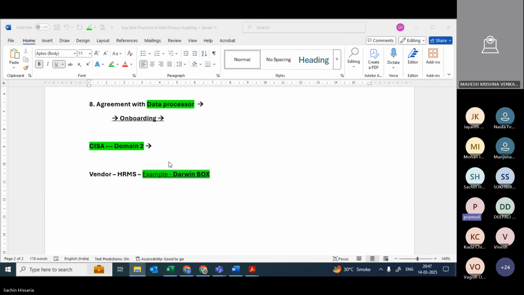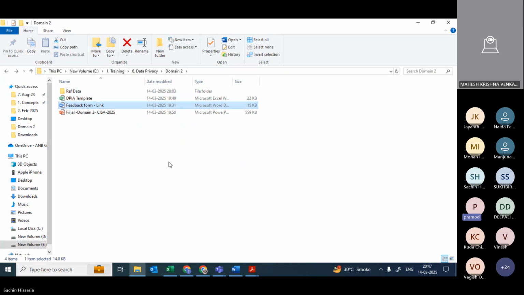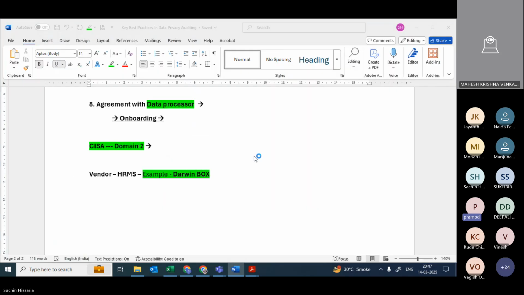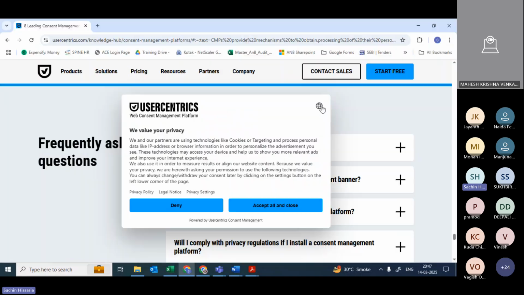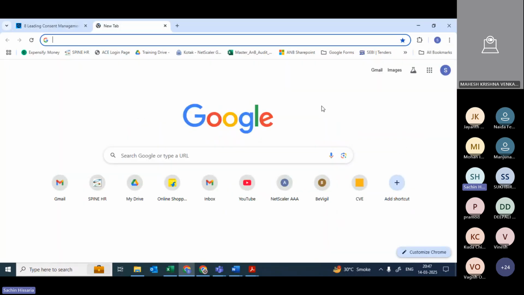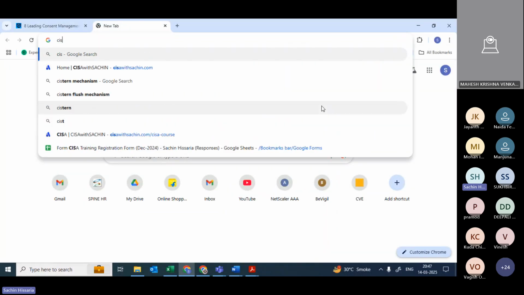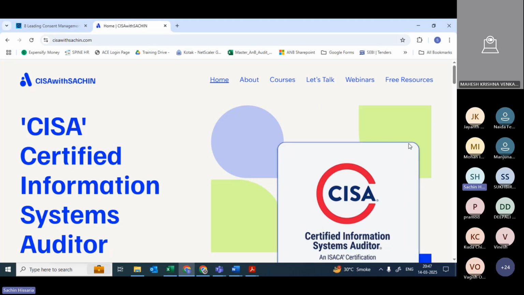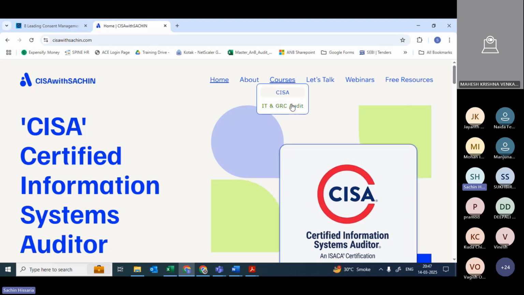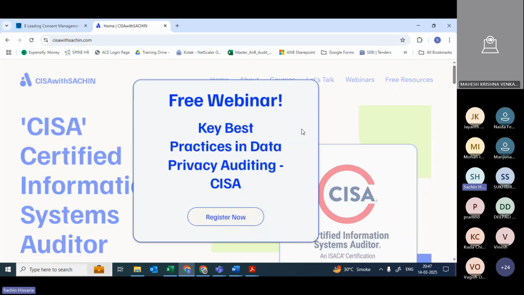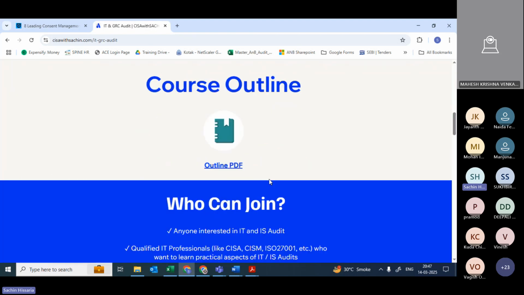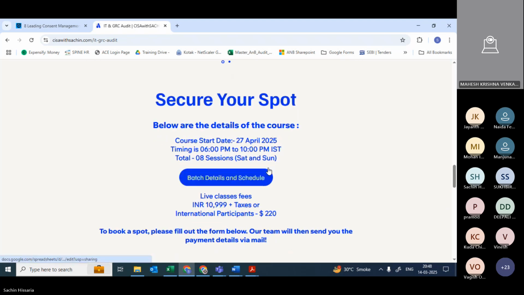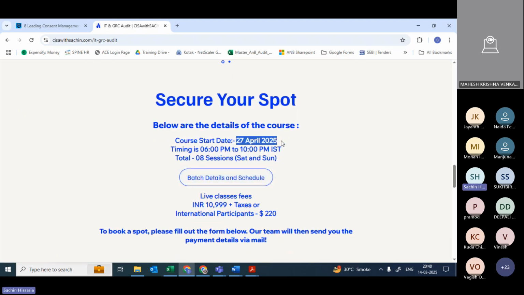Sachin, anything about the GRC training classes you guys take? Any update on those classes? Yes, Pramod. We have also launched a new batch for the GRC. Our March batch is already full, so we are not taking registrations in the March batch. But we have launched another batch which is going to start in the April month.